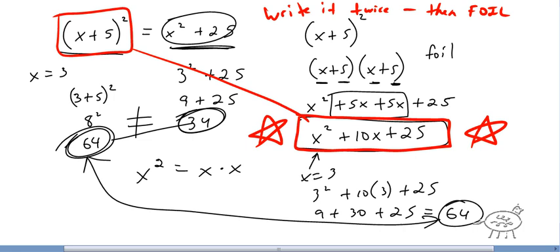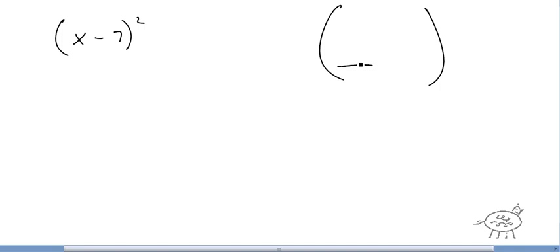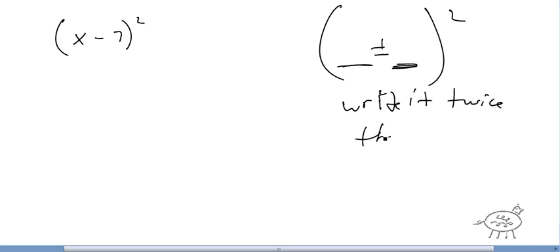All right, so let's do another problem here, and you'll always recognize what to do because it'll be x minus 7 squared. It's always in that form. It's always two terms, and it can be plus or minus, it doesn't matter, and it's squared. And then you know: write it twice, then FOIL.